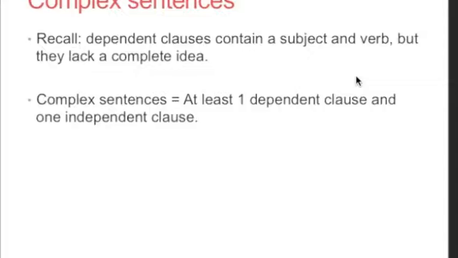So we're not quite there yet. A complex sentence is at least one dependent clause and one independent clause. Now you could have more than one dependent clause. You could have two or three or four, right? You can keep tacking them on. It's possible. Today we'll mostly just deal with one or two dependent clauses tacked onto one independent clause.